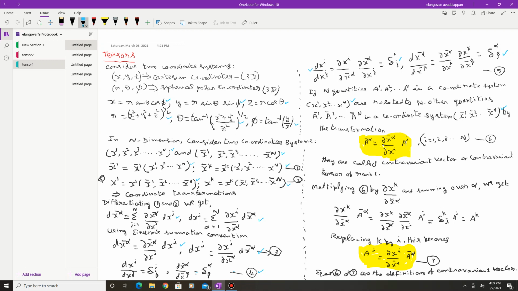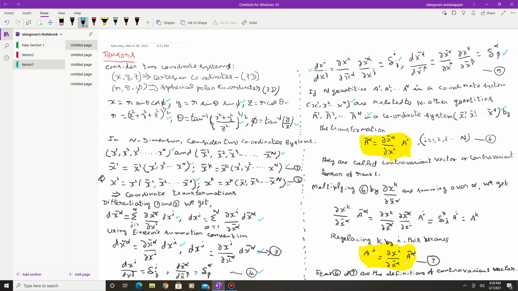These are the n quantities in the barred system. So we have two types of quantities. One, A1 to An, are expressed in the unbarred coordinate system.